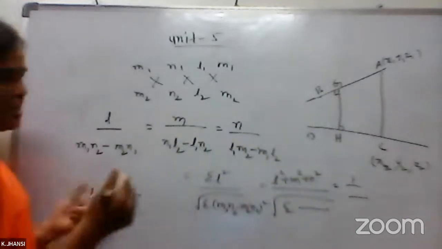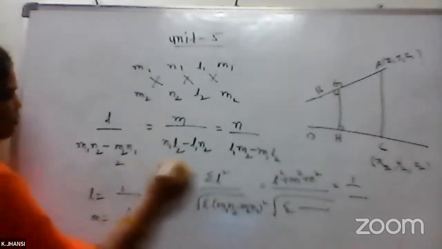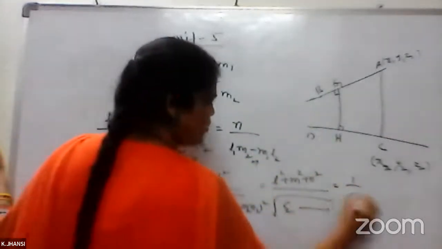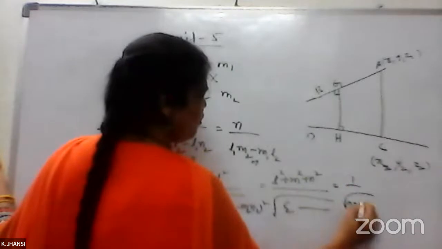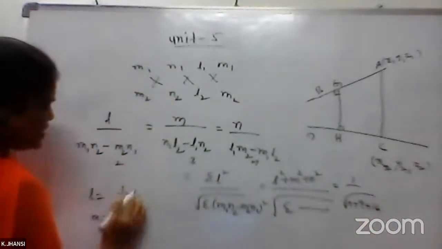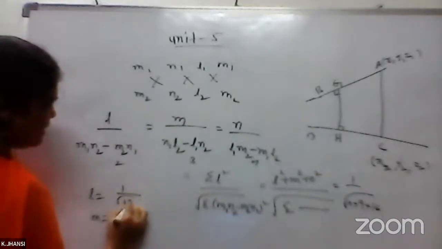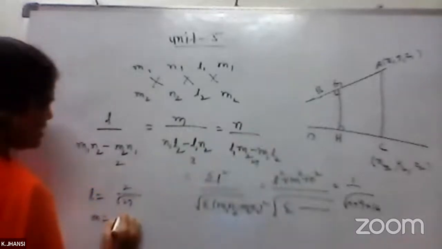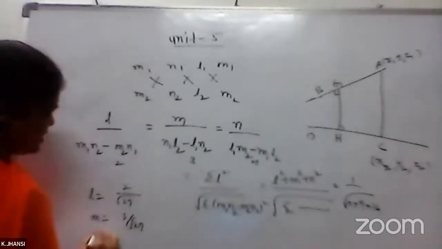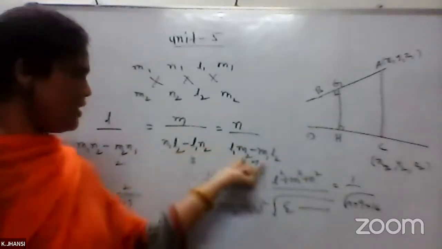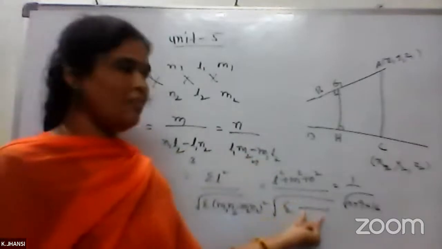For direction ratios, if you are getting 2, 3, 4, it will be 1 by the square root of 4 plus 9 plus 16, that is 29. So l is 2 by root 29, m is 3 by root 29, and n is 4 by root 29. This is the denominator value.